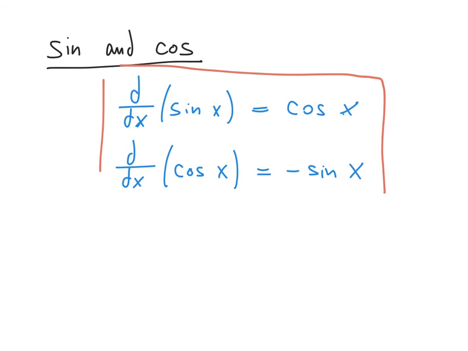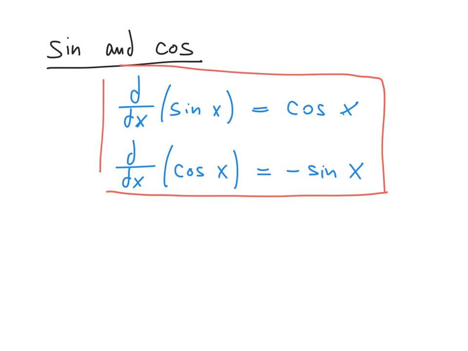There are a few variations of this rule that you will also need, but this is the basic relation, and you can do most of the problems you'll encounter keeping this in mind, right? So if you differentiate sine, you get cosine. If you differentiate cosine, you get minus sine, right? And then, of course, if you differentiate minus sine, by the constant multiple rule, you get minus cosine.